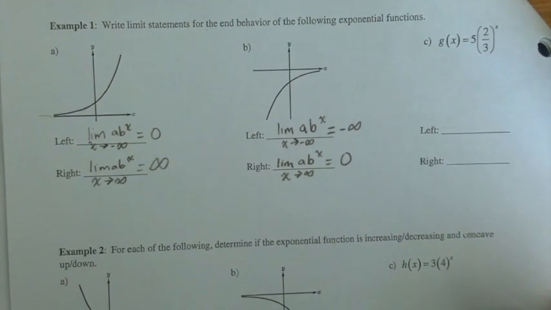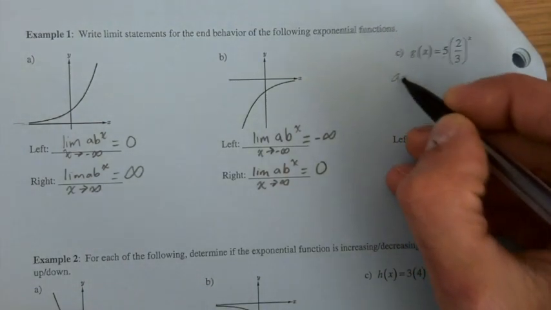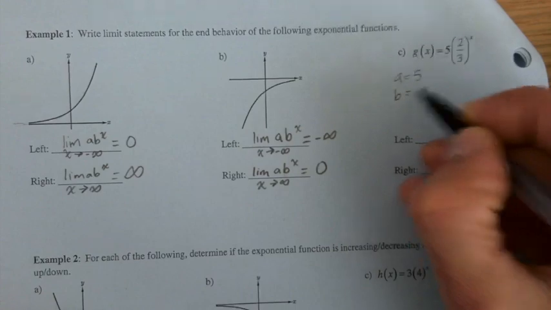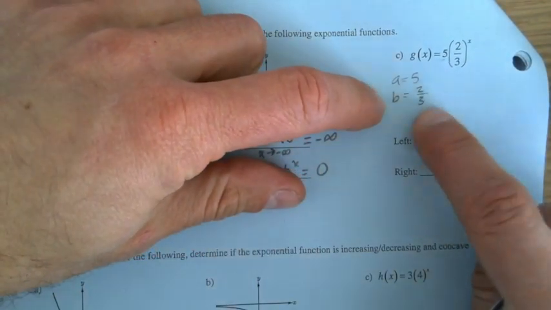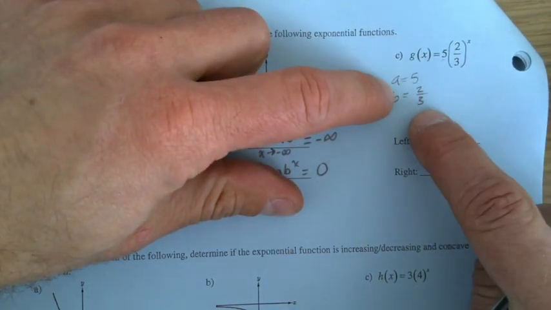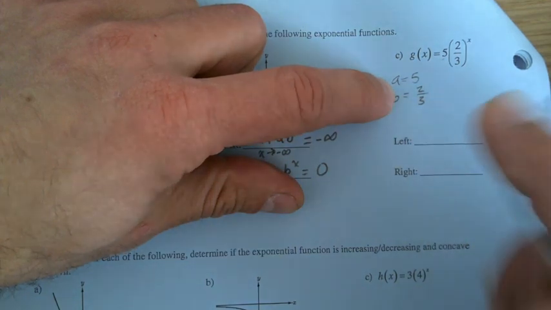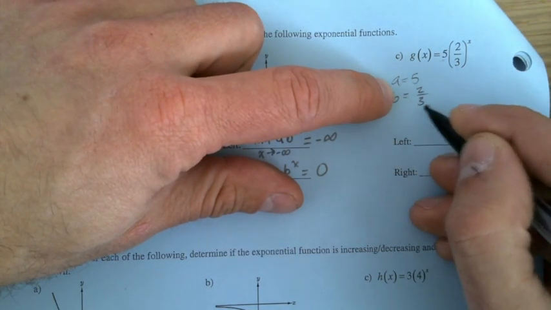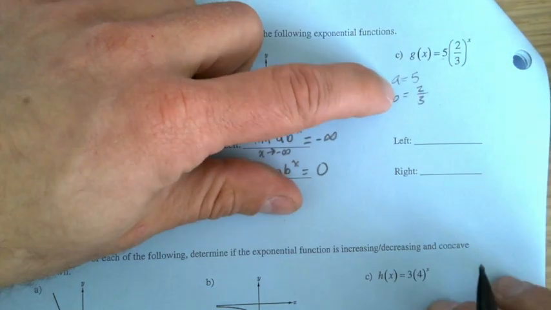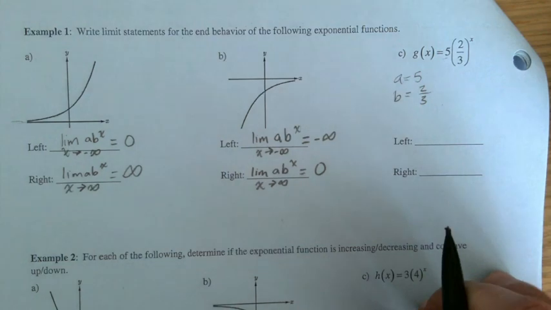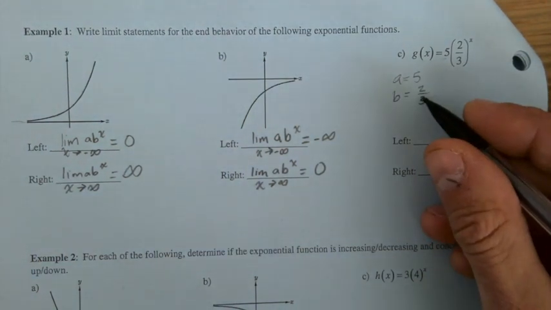I did want to talk about this next one because we got our A value equal to 5. Our B value is equal to 2/3. So the B value is the common ratio. If I keep multiplying 2/3 by itself, 2 will grow slower than the 3, so therefore this will over time become a smaller and smaller fraction, which means it's getting closer to 0.